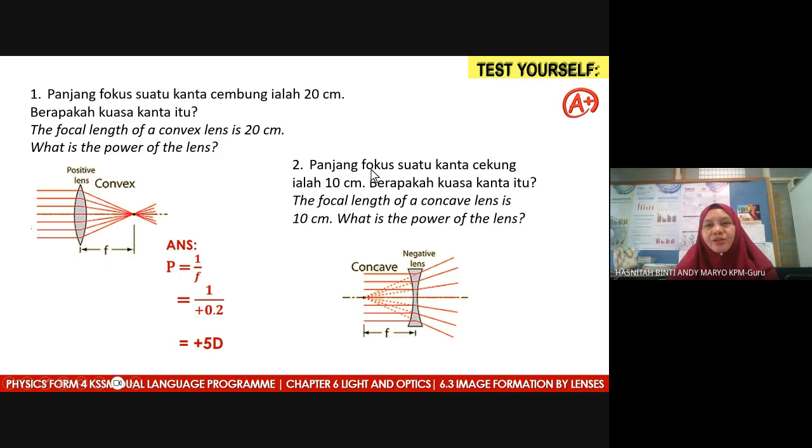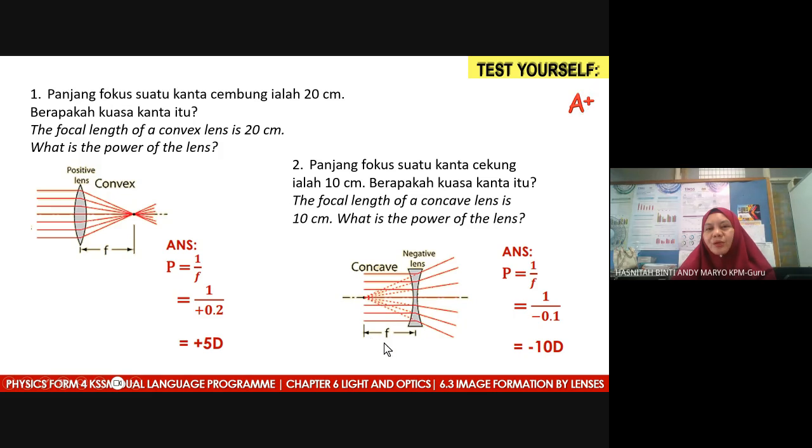While for the second question, we are now given a concave lens. Given the focal length is 10 centimeter. Again, find the power of the lens. Students, for a concave lens, this is the formula: P equals 1 over F, and F must be in meters.